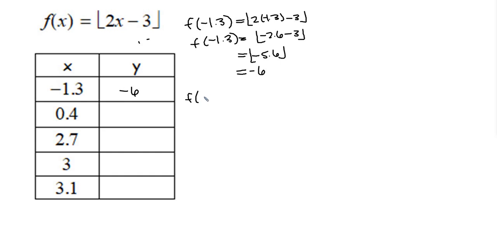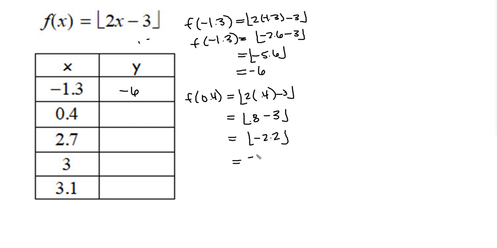So we have f of 0.4. So I have 2 times 0.4 minus 3. 2 times 0.4 is 0.8 minus 3. Negative 2.2. And the greatest integer of negative 2.2 is negative 3. Okay?